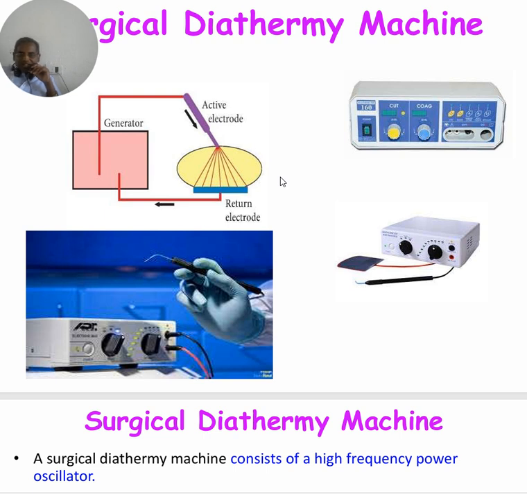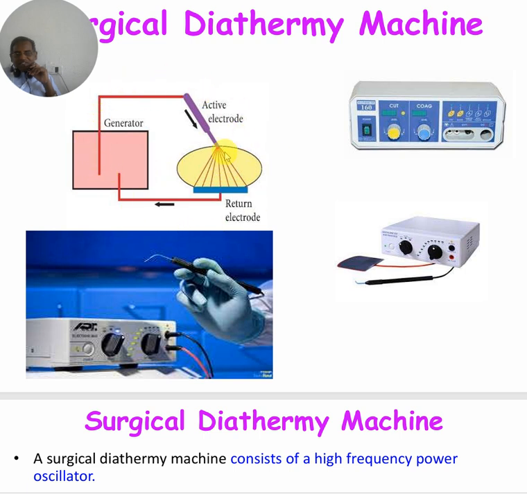After that, at the back side of the tissue, we place the return electrode. The return electrode surface area is large, so that all the current which passes through the tissue is collected by the return electrode and goes to the generator. So the circuit is closed. Only when the circuit is closed is the current flowing.